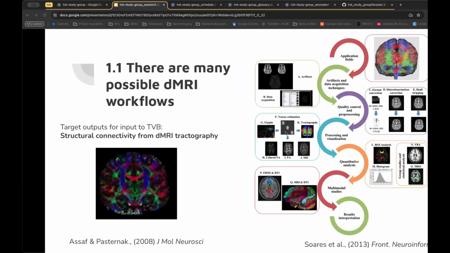What we'll focus on today is tractography. And tractography is really the estimation of white matter tracts, in this case, in the human brain. Okay, so these are the target outputs for TVB. We're trying to create a structural connectivity matrix using diffusion MRI tractography.